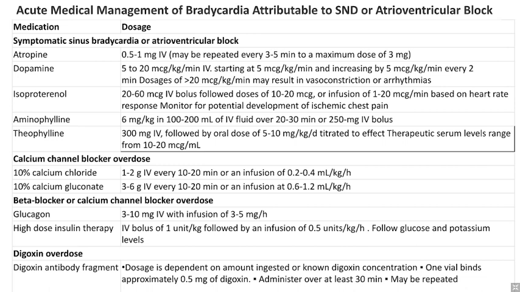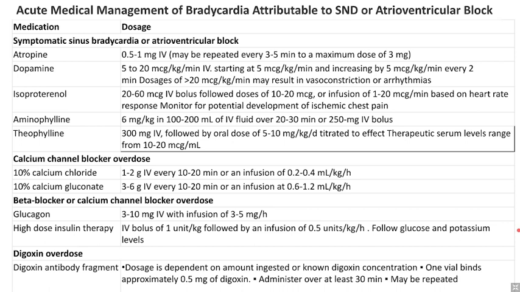Isoproterenol, 20 to 60 micrograms intravenous. Aminophylline or theophylline in doses you can see in this slide. If you know the cause of bradycardia, for example calcium channel blocker overdose, you can use calcium chloride or calcium gluconate intravenous.